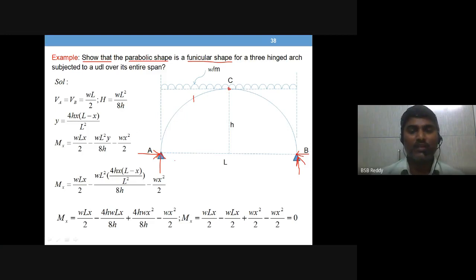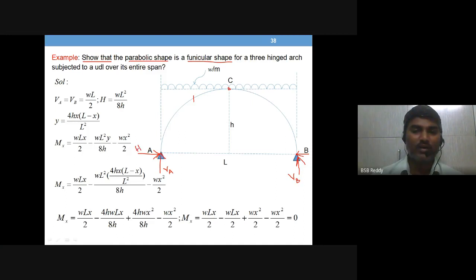So let us draw the free body diagram of the full arch to start with. Then apply three equilibrium equations. So first take free body diagram of full arch, then apply equilibrium equations, then find VA value, VB value, and H value.